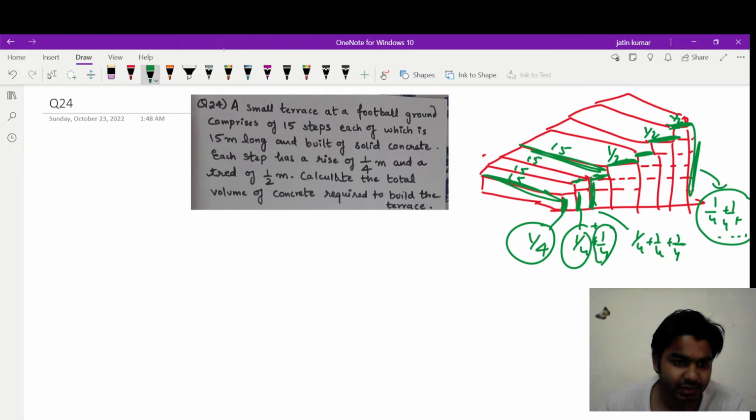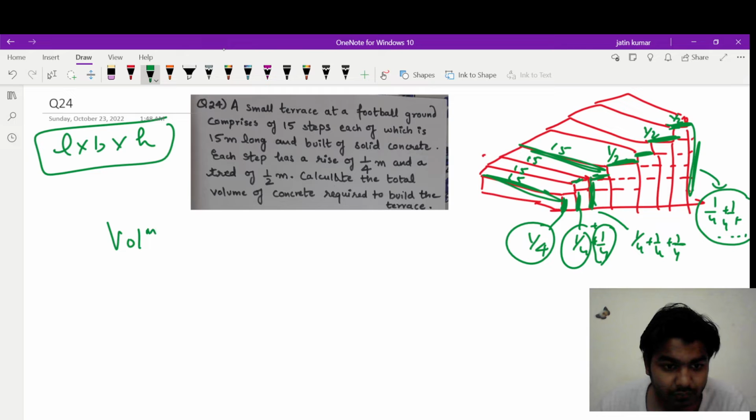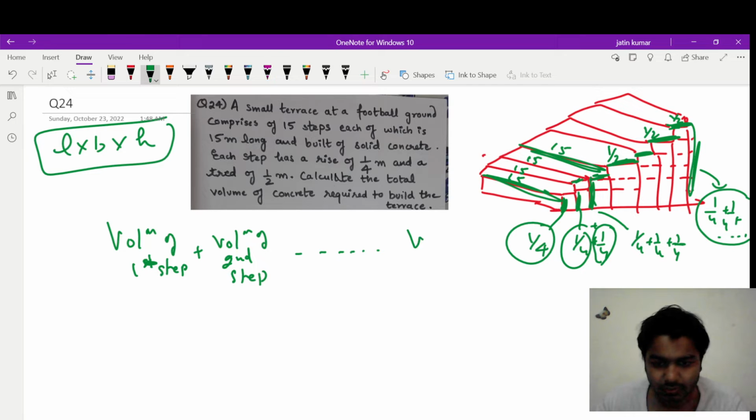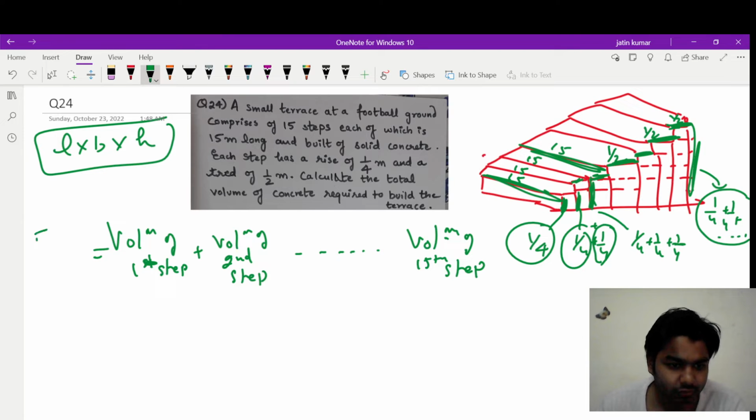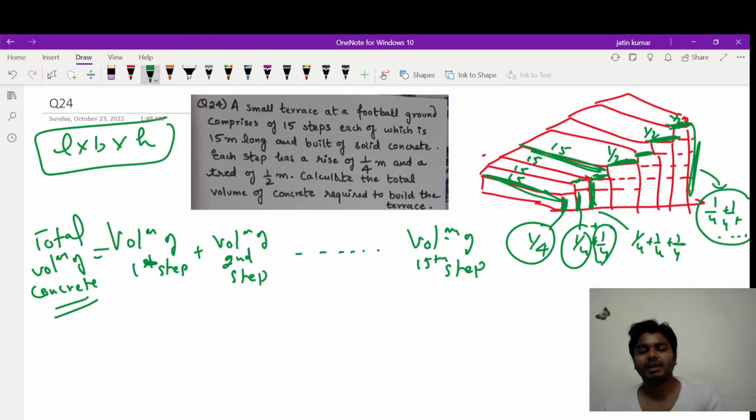In class 9 you have studied L into B into H. Okay, so volume of the first step plus volume of the second step till volume of the 15th step, we have to calculate. That's how we will get the total volume of concrete we need to build that stadium, right?